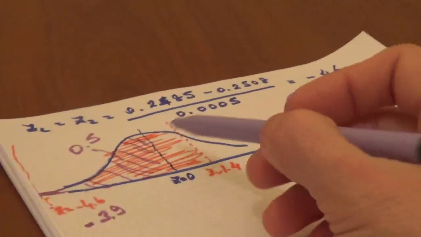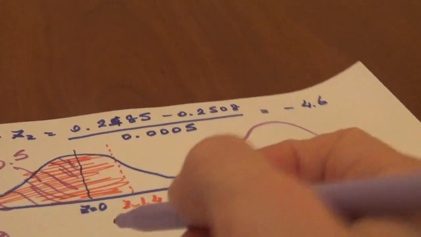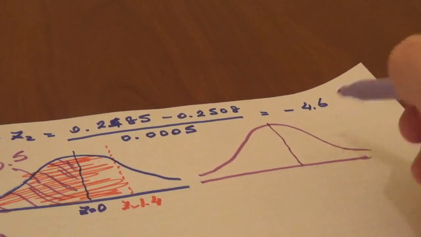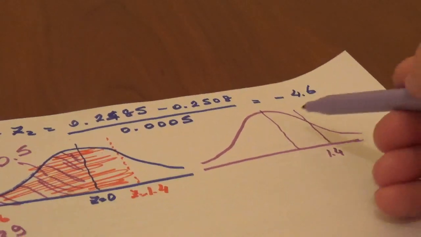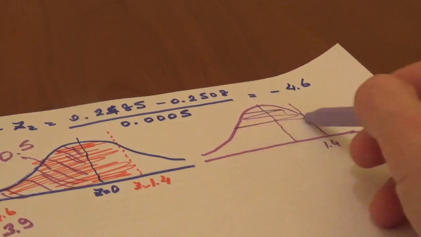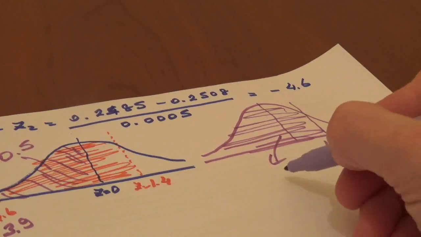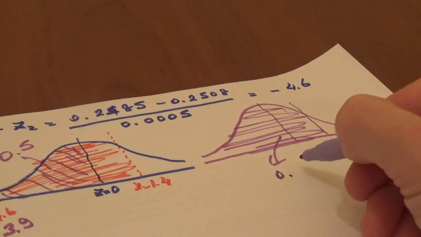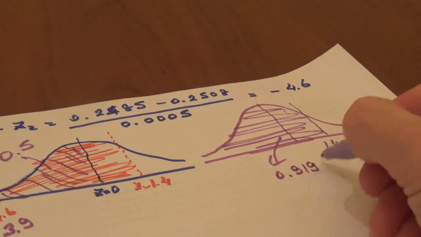So actually we don't have to add the 0.5. The table gives us the answer for 1.4, and the area under this curve is 0.91924.